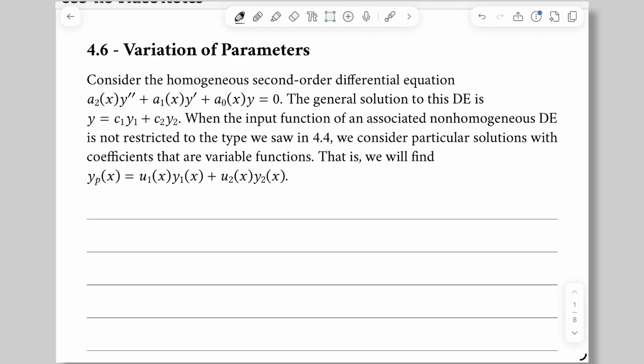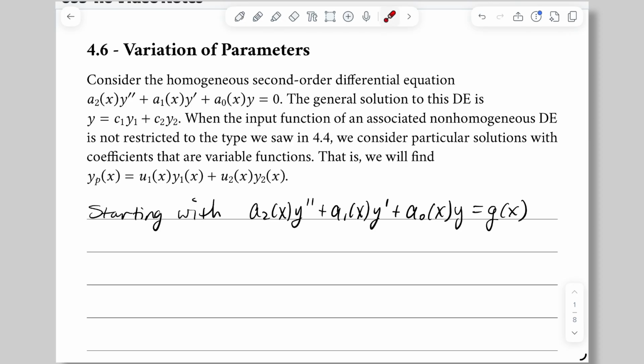x. In this lesson, we're still considering linear differential equations that have constant coefficients. That said, we're going to develop this a little bit more generally than that. Starting with the differential equation a2 of x y double prime plus a1 of x y prime plus a naught of x y equals g of x, where now the right-hand side is something more interesting than what we saw before.